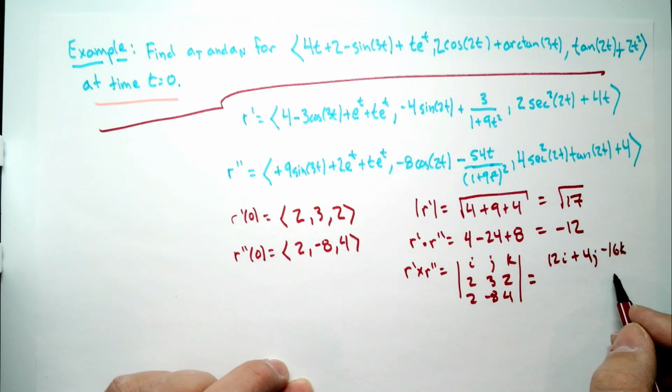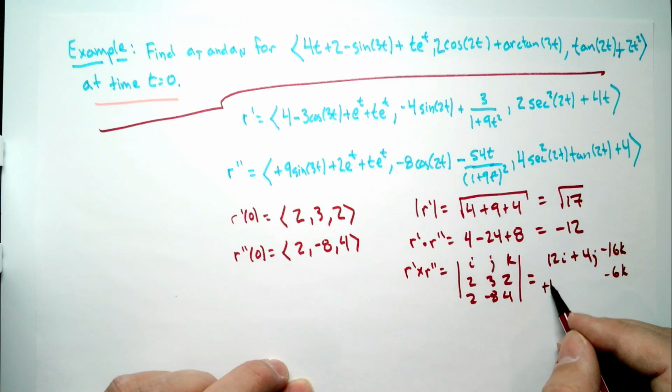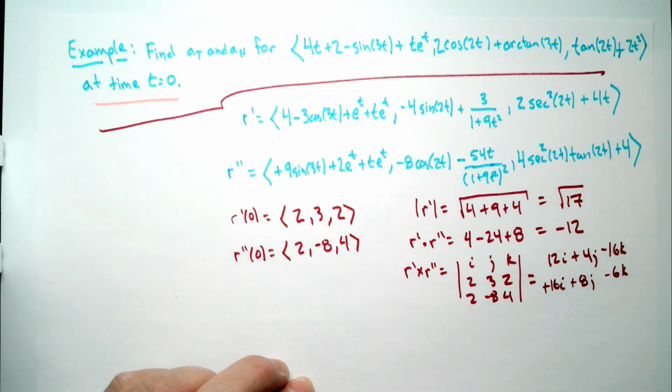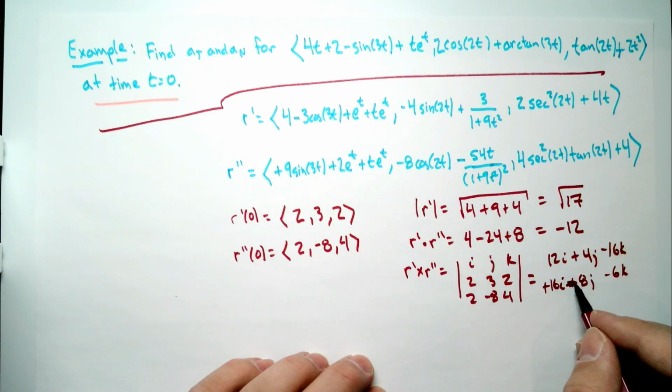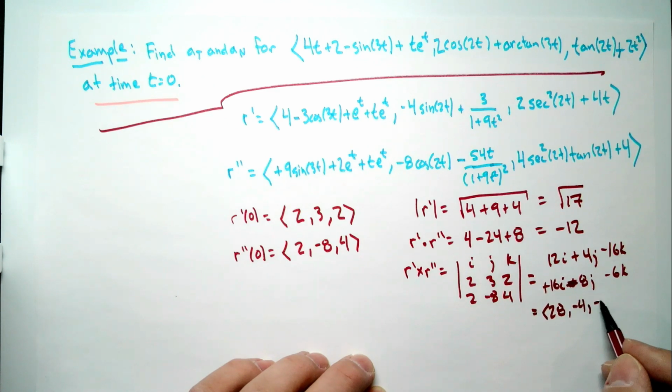Then going the other direction, minus 6k, plus 16i, and minus 8j, because I'm going the opposite way. We'll have to change the sign on that one. And yeah, I'm good. So it's minus 16i, so it becomes plus 16i. Yep. All right, so that would be 28, negative 4, negative 22.